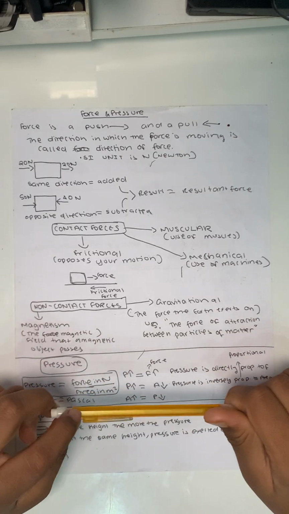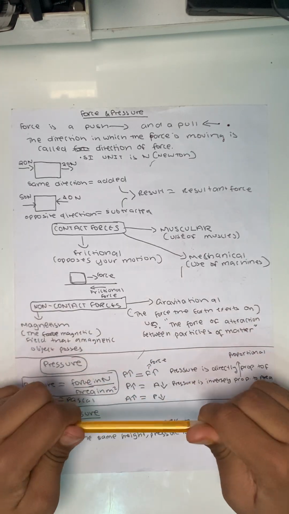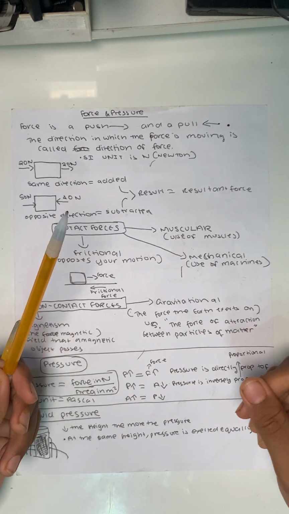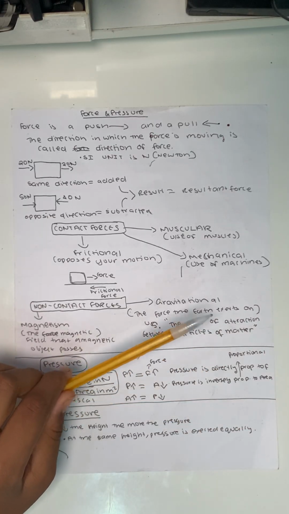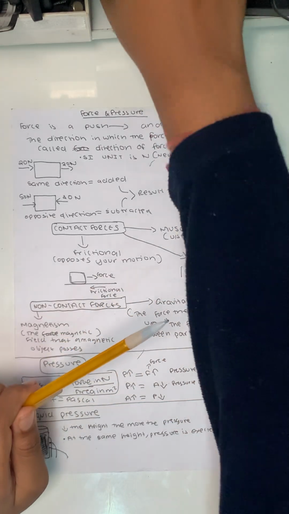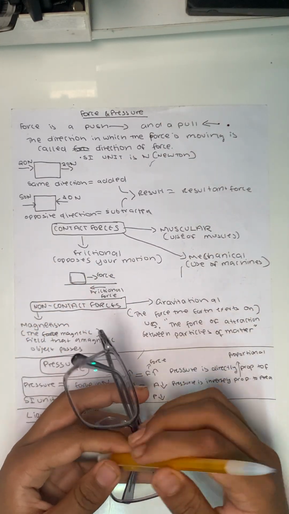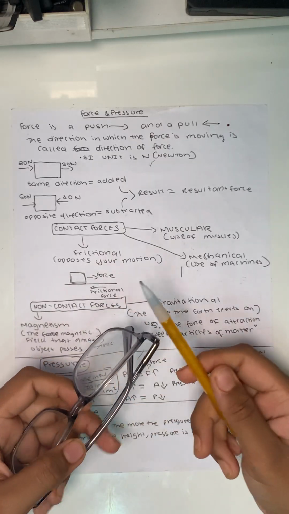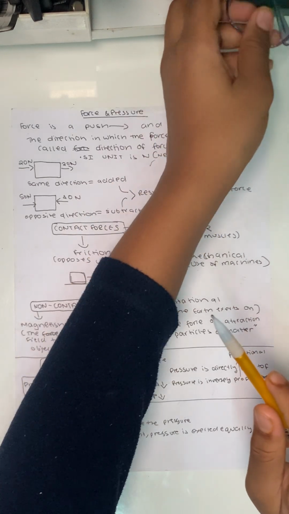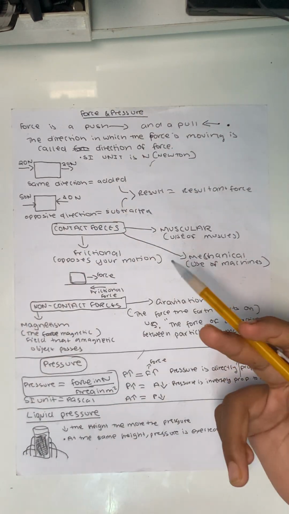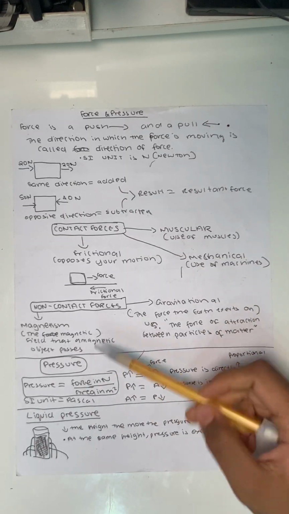Electrostatic force is the building up of charges. If I rub this pencil against, for example, these specs, then if I do it long enough, there will eventually be a buildup of charges, and the glasses and pencil will acquire charges.